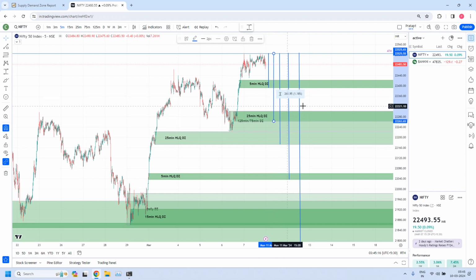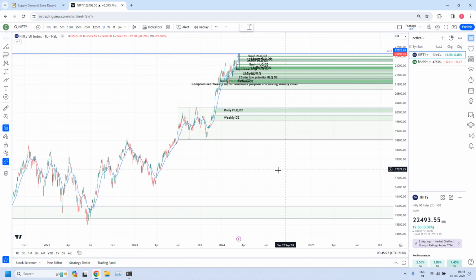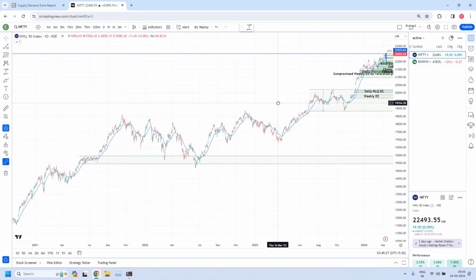So let me adjust. Okay, so let us look at these ranges from the daily time frame. Let us see how they look. All mixed.